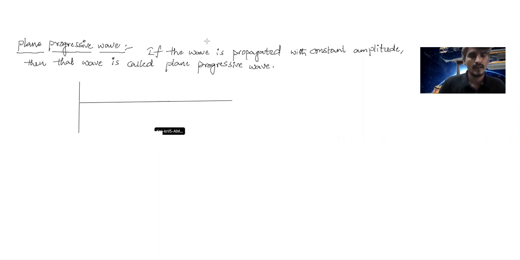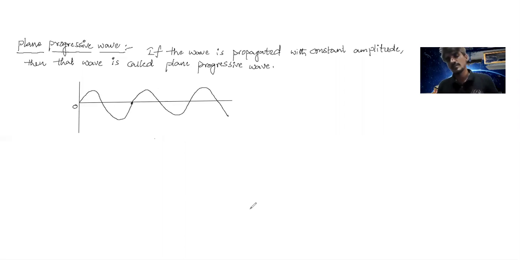Now, if we understand that the wave is started from the origin, it is originated from O. Once the wave is originated like this, then there will be a continuous travelling of wave without decrement or increment of amplitude, means by taking amplitude as constant.